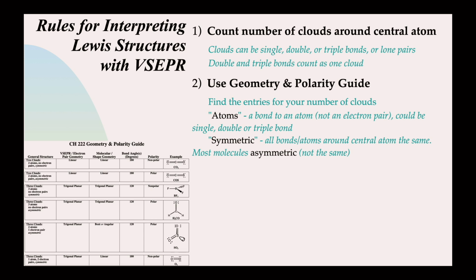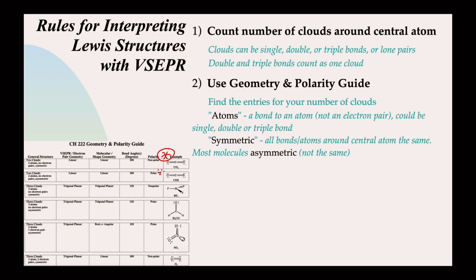Most molecules are asymmetric, which means that not everything is the same around the central atom. So if you look, for example, there at CO2, which is the first example, CO2 would be a symmetric molecule because everything around the carbon is the same. You have a double bond on the left and a double bond on the right.